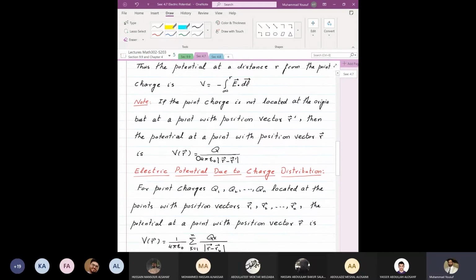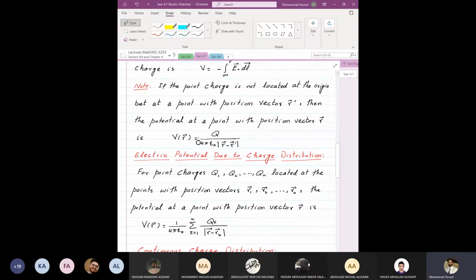So this is for the one point charge. Any questions so far?